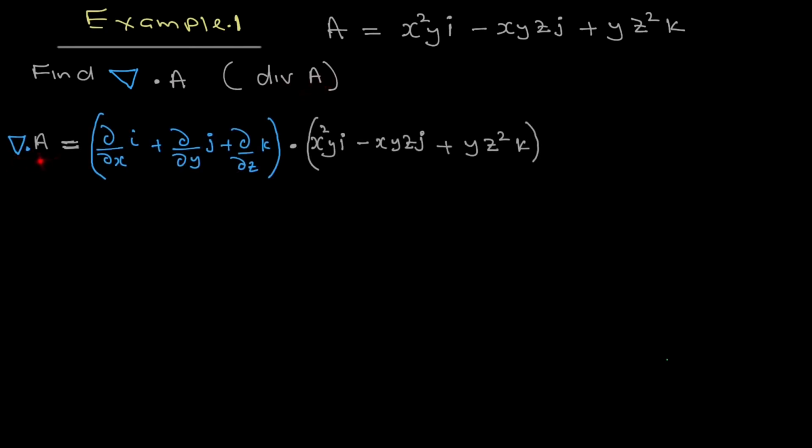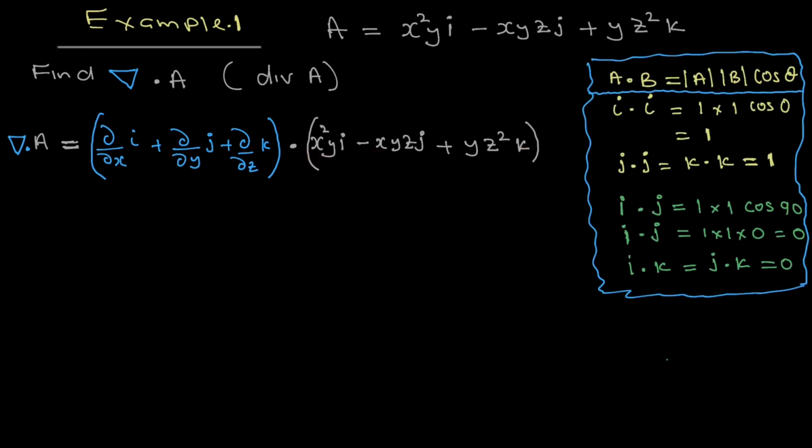So applying the Nabla dot A, which means divergence of A, we multiply the differential operator vector times the vector itself. Just to remind you, this is what the dot product is doing. If you have a vector A, you dot it with the vector B, it will be equal to the magnitude of vector A times the magnitude of vector B cos theta.